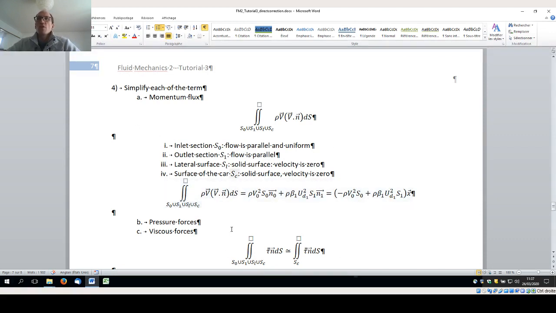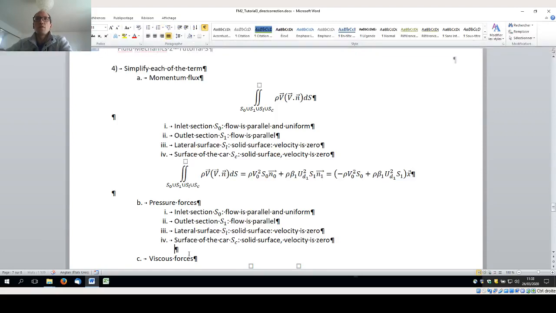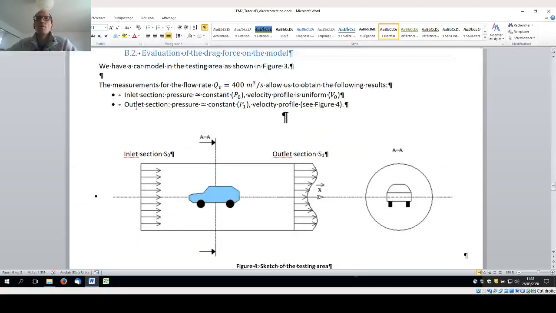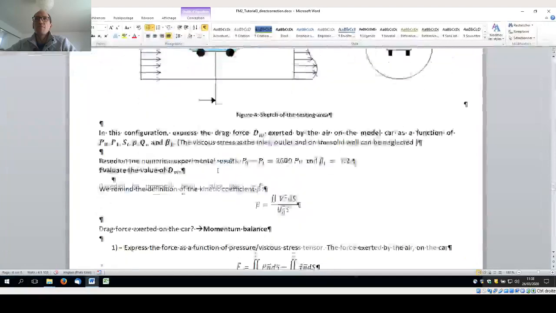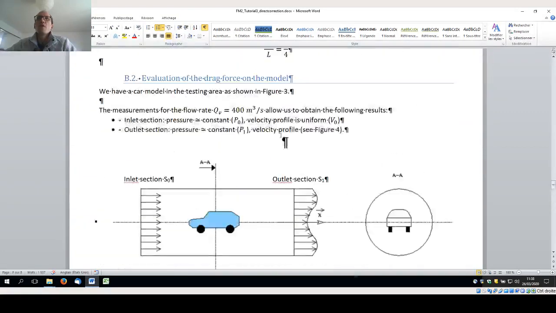So once we have simplified the momentum flux, we can go to the pressure forces. These are the only terms remaining. Once again we can do the same. We'll use what is said here: in the inlet section pressure is almost constant, P0. In the outlet it's the same.